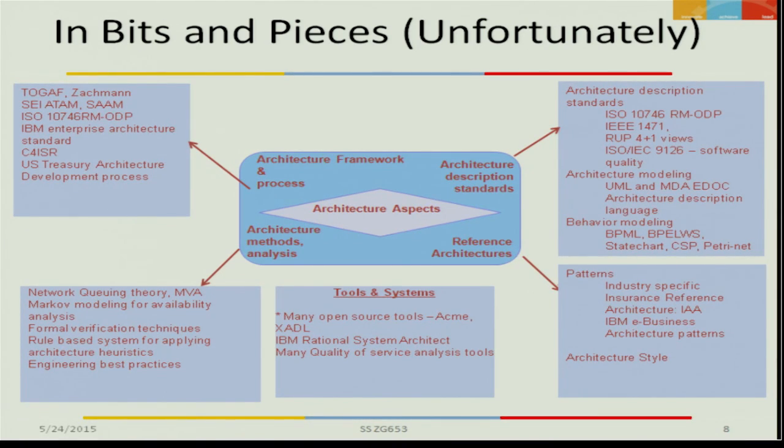IBM has proposed enterprise architecture standards, C4ISR, US Treasury architecture, and different development processes. They have all proposed and described different frameworks and processes that one needs to follow to describe architecture. In this course, we will touch upon UML as architecture modeling, and we will touch upon RUP for the process part.